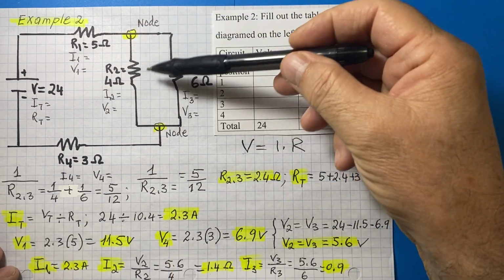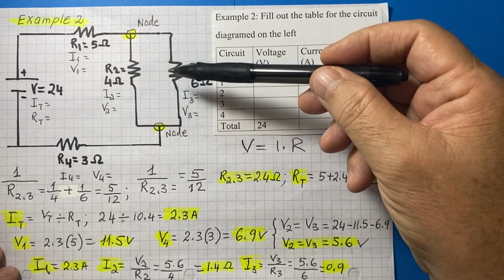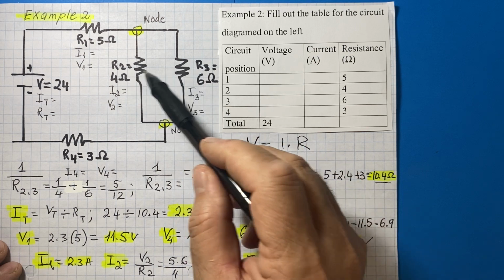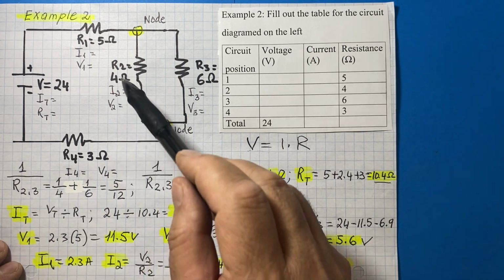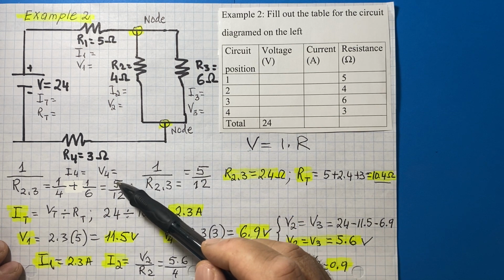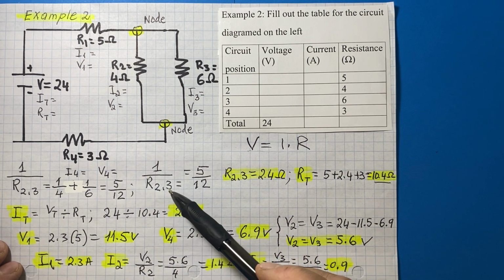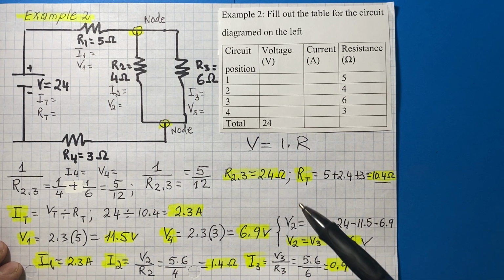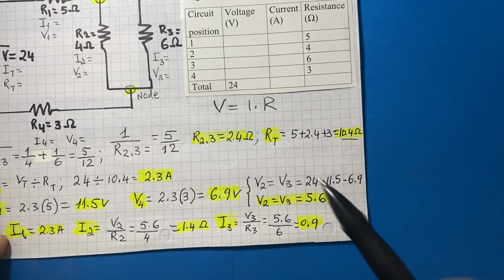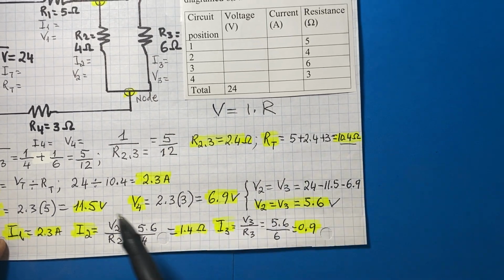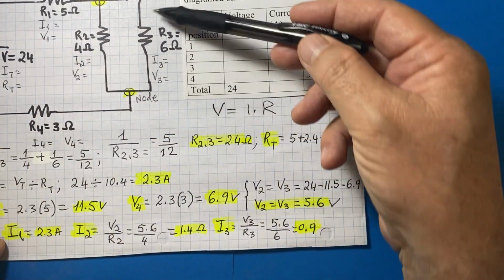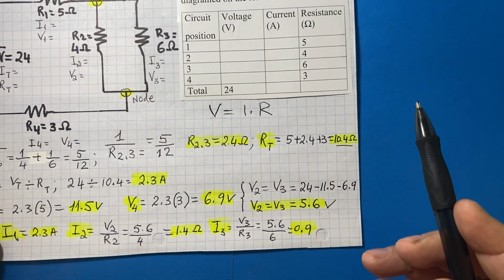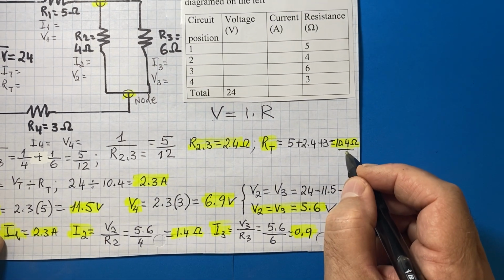For the resistance of this part, we reduce these two branches into one: 1 over R2,3 is 1 over 4 plus 1 over 6, equal to 5 over 12. Then R2,3 is 12 divided by 5, which is 2.4 ohms. Now total resistance is 5, which is this part here, plus 2.4 for these two branches, plus 3 here, and the total is 10.4 ohms.